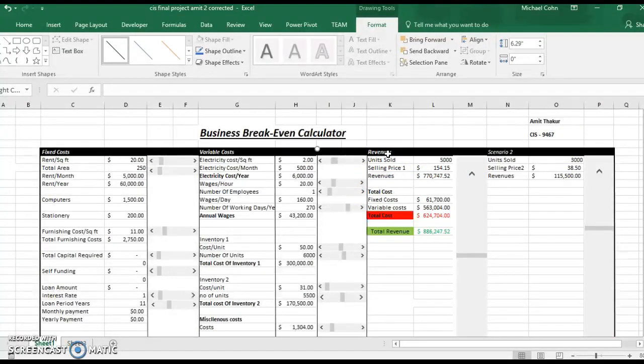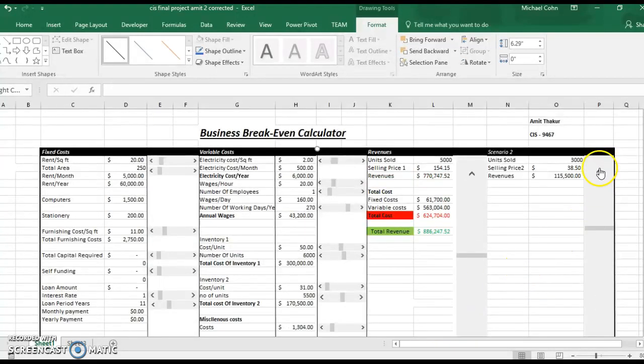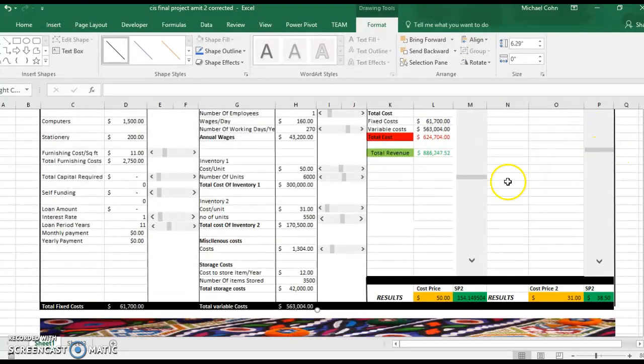Let's say that my sister has done the required market research and she predicts sales of product 1 to be roughly 5,000 units and sales of product 2 to be 3,000 units. So now that we have sold 5,000 and 3,000 units of product 1 and 2 respectively, automatically the total storage costs reduce because the number of units stored in the warehouse reduce.